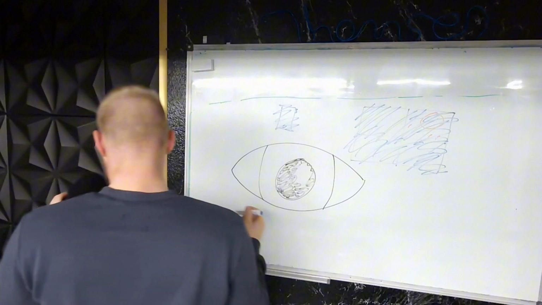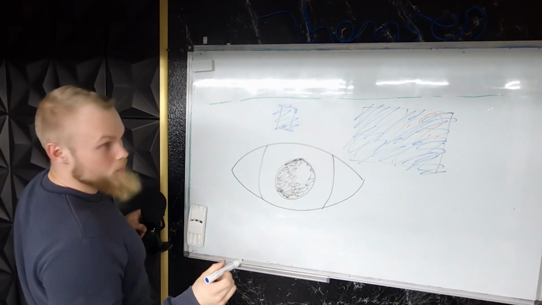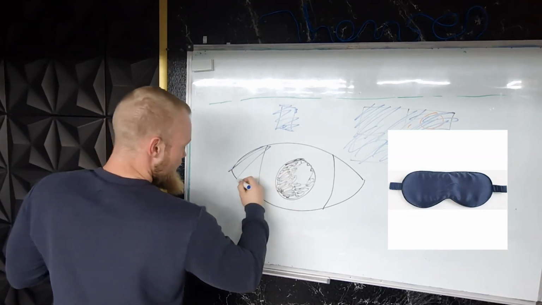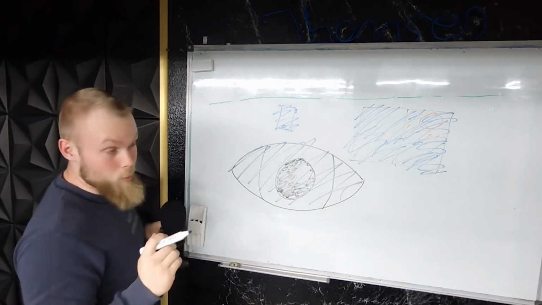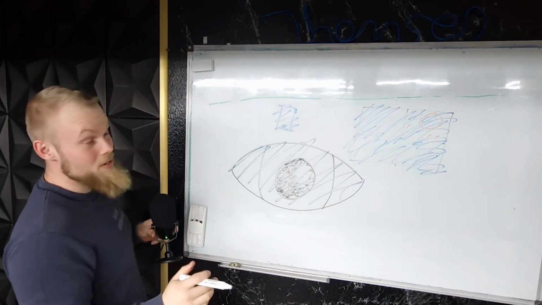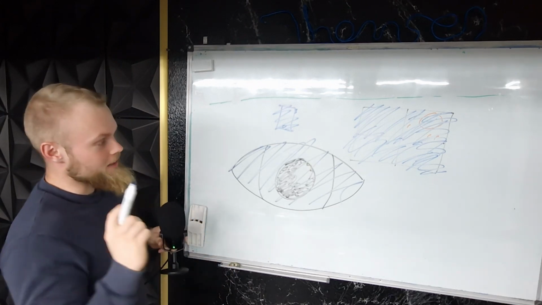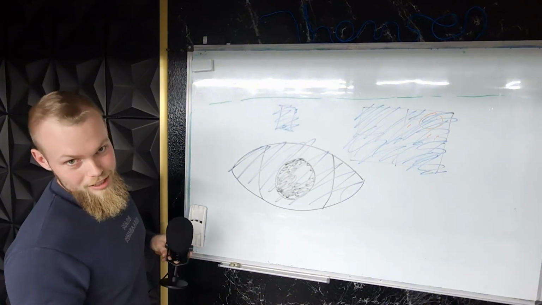We turn off and remove. And if we for some reason don't have any eyelids, we wear what's called a sleeping mask. You get the picture. You want it as dark as possible. So, once you have achieved this, we both have the ideal temperature and the ideal brightness for sleeping.